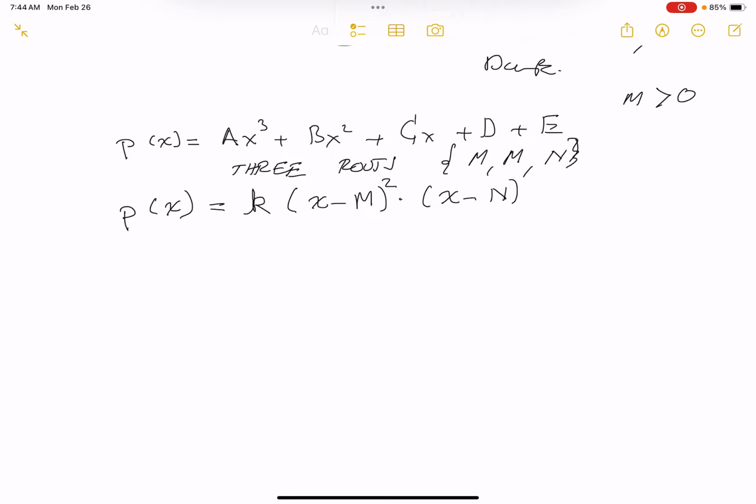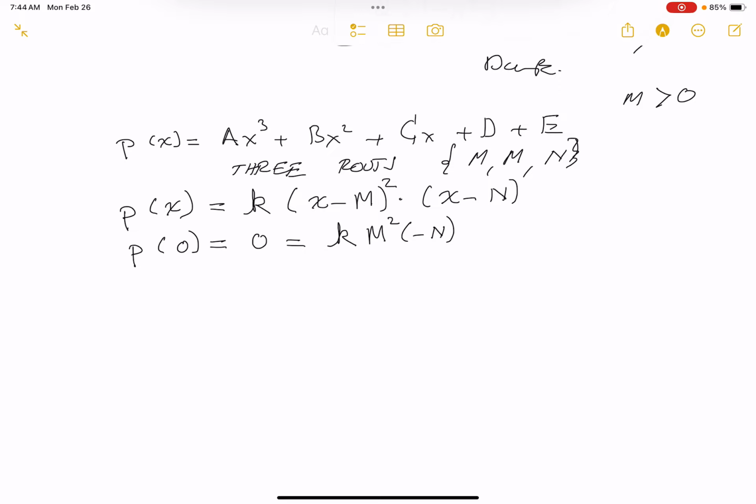All right? So what I do now is I start to write down what they said about this polynomial. They said p0 is equal to 0. Let's write this down. What do you get? You get k, then you get m squared, and then you're going to get minus n.